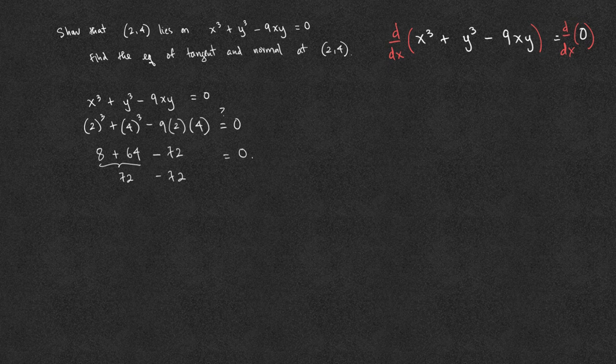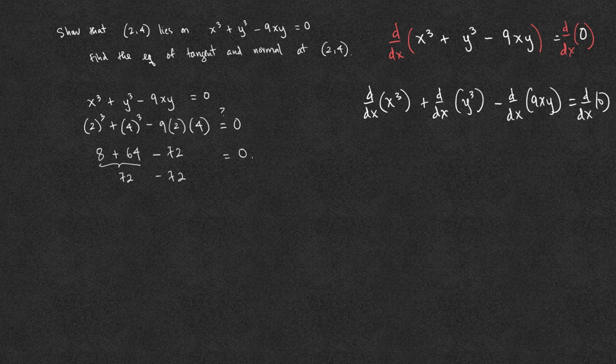This is the derivative of the sum and the difference, so we find the derivative of each of its terms separately: the derivative of x cubed with respect to x, the derivative of y cubed with respect to x, the derivative of 9xy with respect to x, and then the derivative of 0 with respect to x. The derivative of x cubed with respect to x is the regular derivative, which is 3x squared.